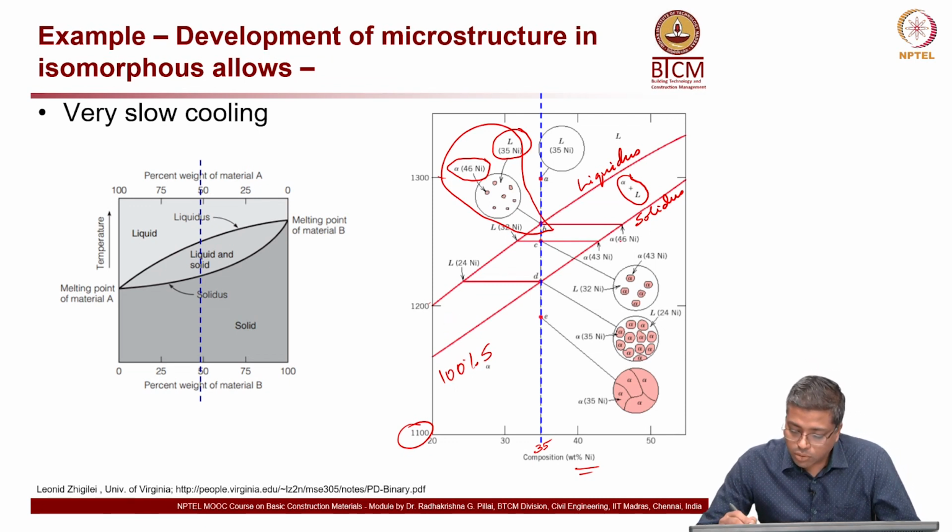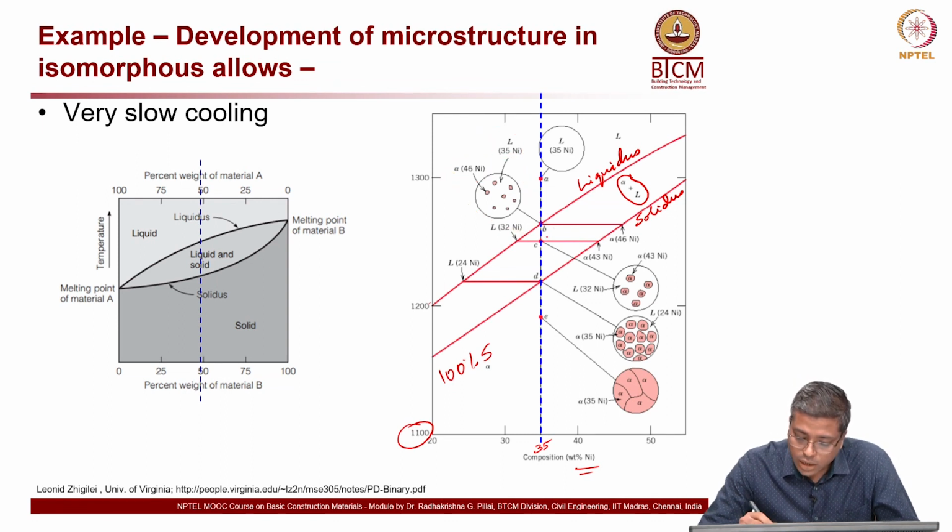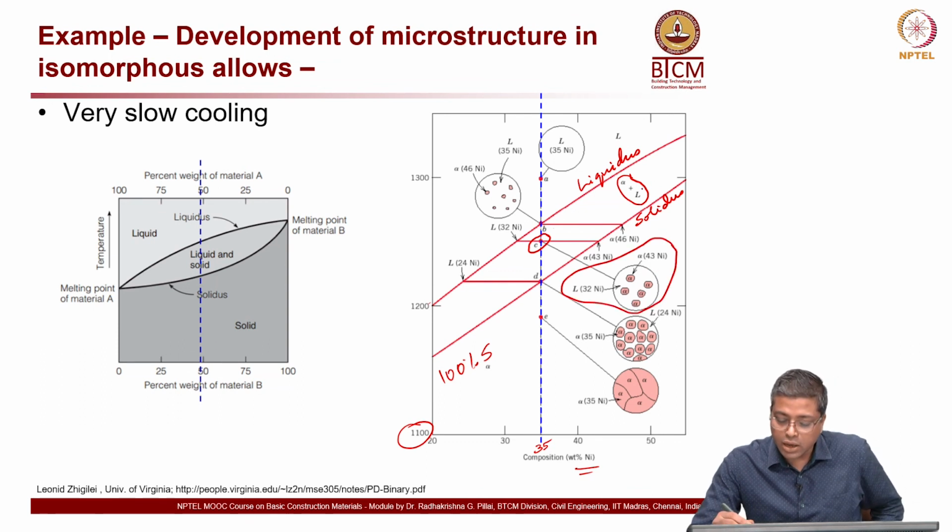Now, if we move to point C, that is this point here, the corresponding micrograph or sketch is this. You have alpha and liquid, both present, because it is in between the solidus and liquidus.